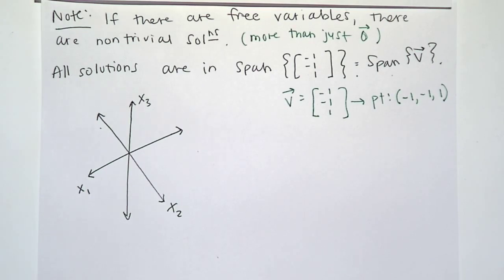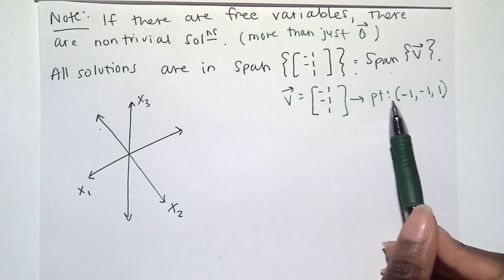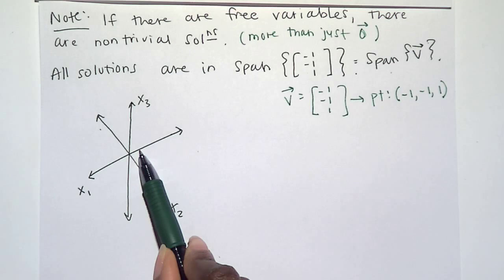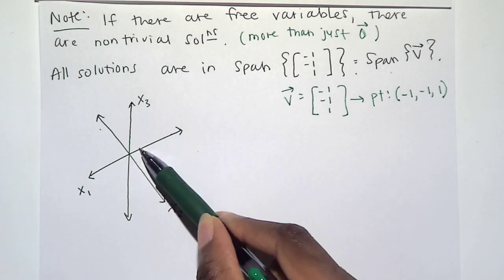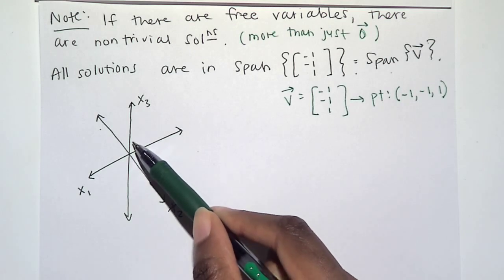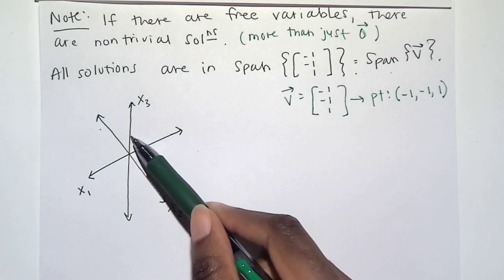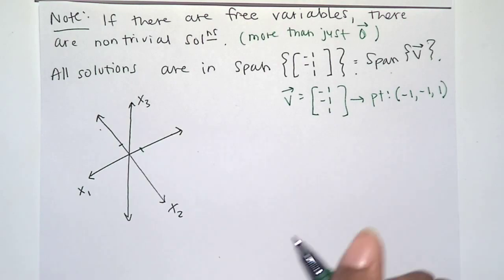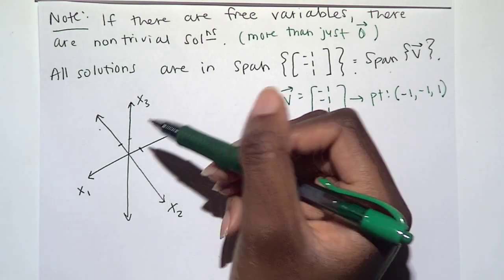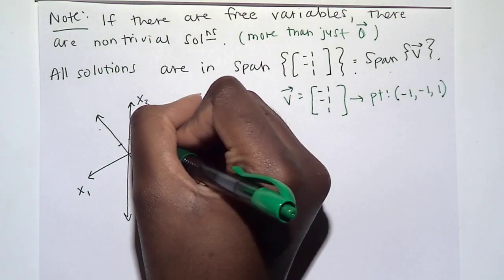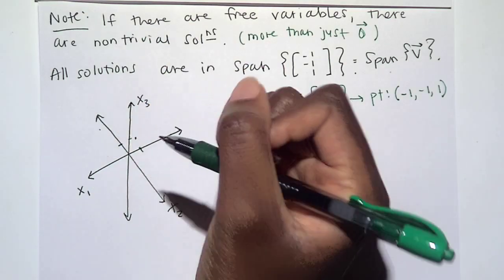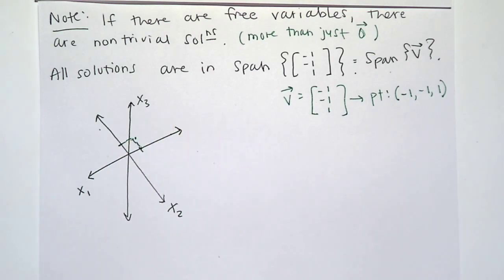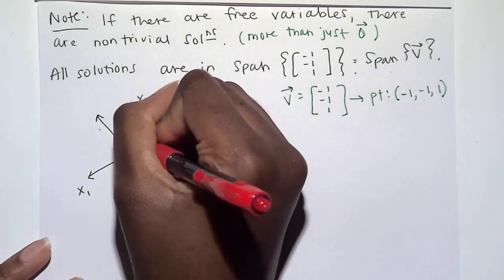All right, so what I'm going to do is take our vector V and write it as a point here. So I want to go -1 for x1, -1 for x2, but then +1. So where do they meet? Maybe somewhere here. Who knows? Maybe I'll make a little arrow here, a little box that tells me they meet here.